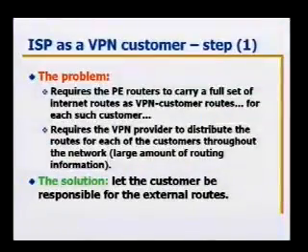So what this means is that if I am a PE and I have this ISP connected to me as a customer, I will have to carry as VPN routes the entire routing table for this customer. And if I have several of these connected to me as the PE, then I will have to carry several copies of the full internet table, one for each one of these VPN customers.